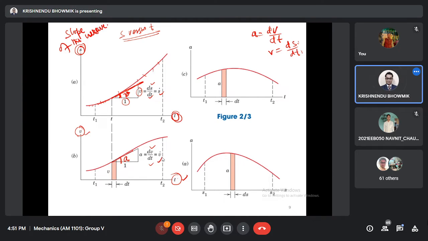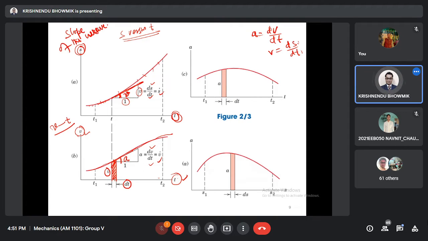Now, if you look carefully, say I have a v versus t graph, and this is the representation of the v versus t graph. Now, if I consider, similar to the way we did many times, one small element, very thin, thickness is dt, and this value will be v. So this is the v, this is the t.